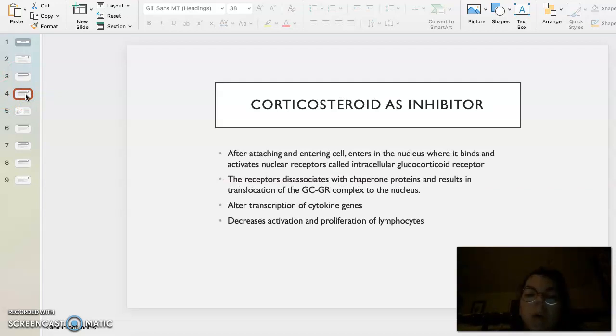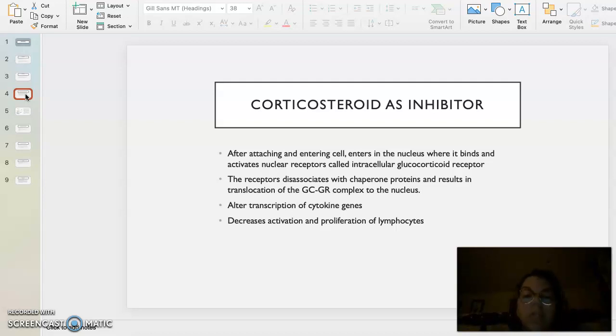So it works as an inhibitor by attaching and entering the cell. It then enters the nucleus, where it binds and is activated by the nuclear receptors referred to as intracellular glucocorticoid receptors.